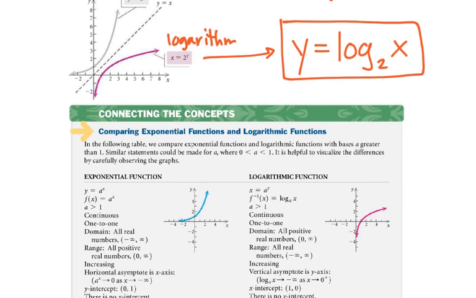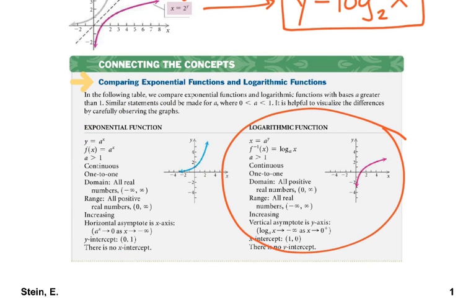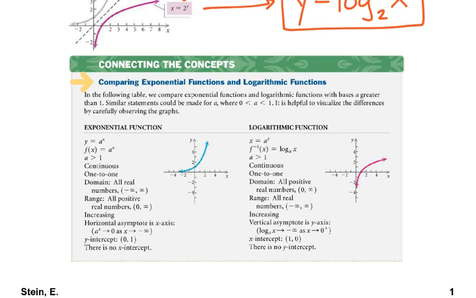Continuing to connect the concepts, you'll notice we have an exponential function here, and we know all of these properties. We talked about them in our exponential functions video. But let's relate them to this new logarithmic function we're talking about here. One thing we know, they look really similar. Here's my exponential function, and the inverse of an exponential is a logarithm.